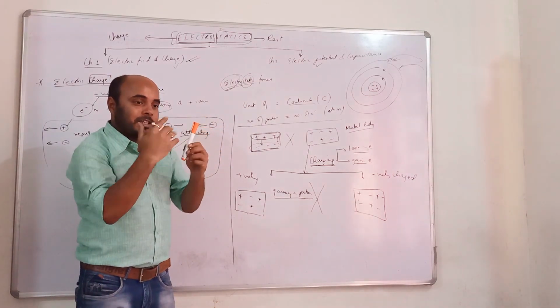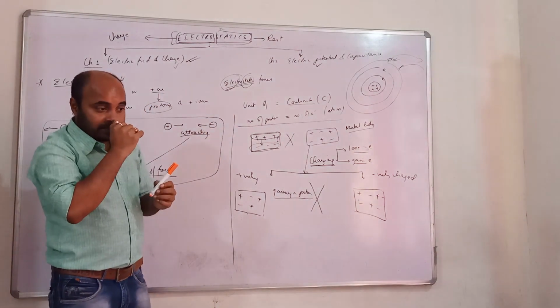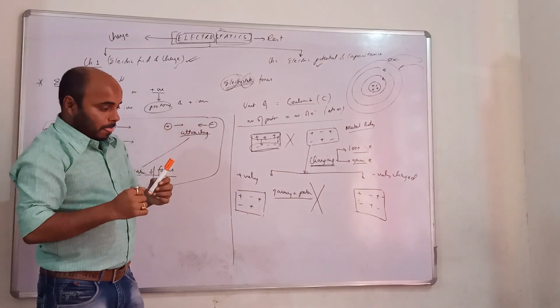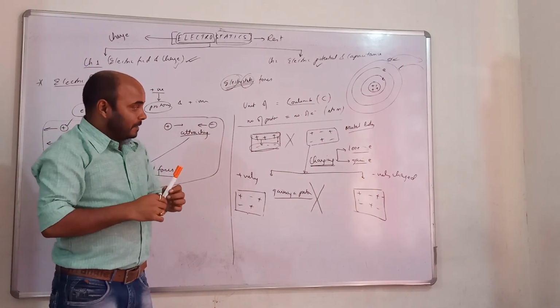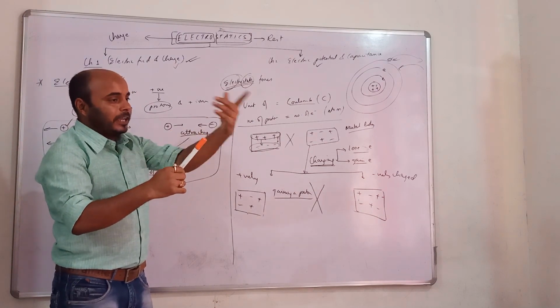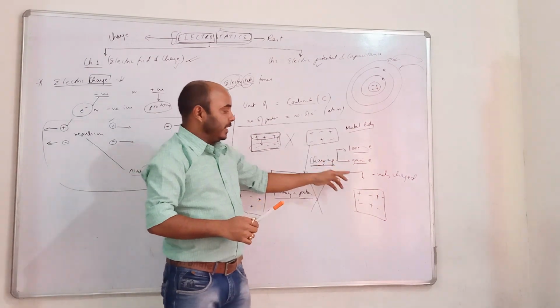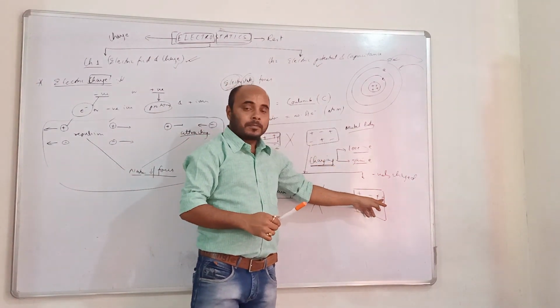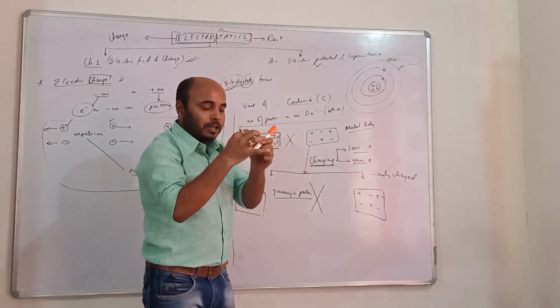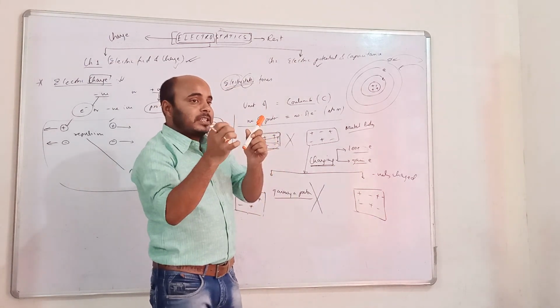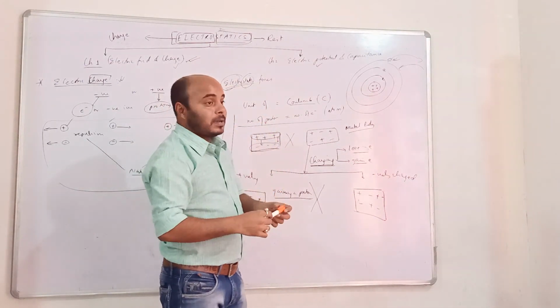Will its mass increase or decrease? How will this marker become negatively charged? We know any body becomes negatively charged by accepting an electron. So an extra electron is coming inside this marker. Since an extra electron is coming, the electron has some mass, right?